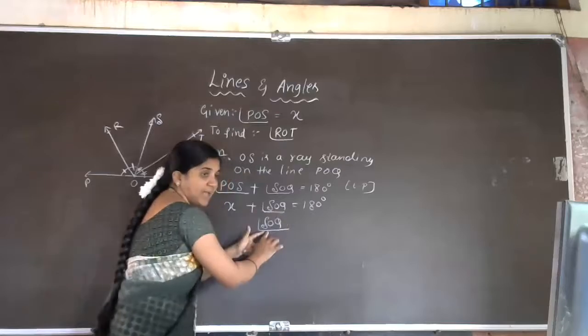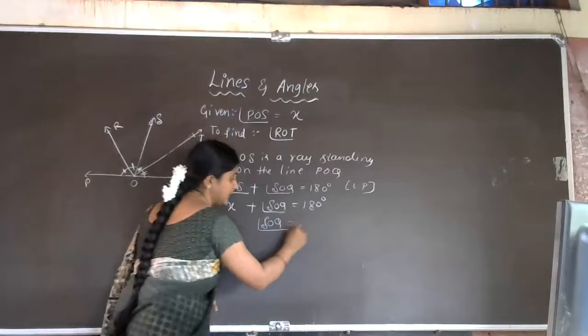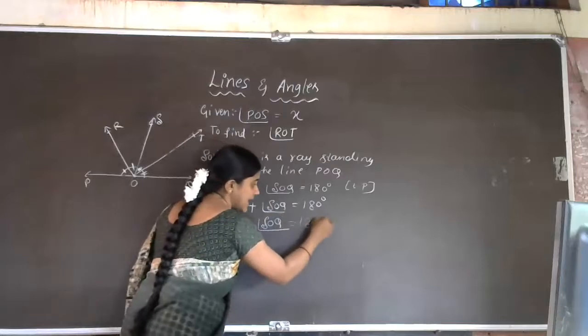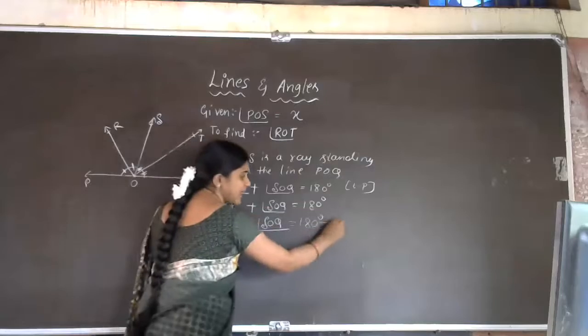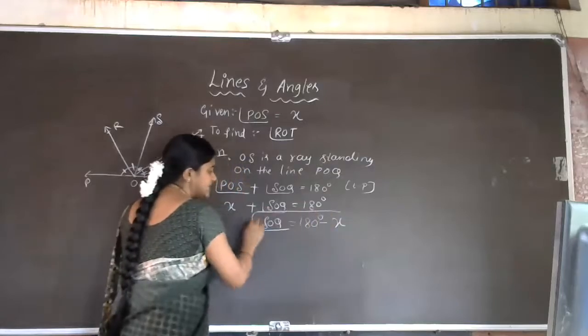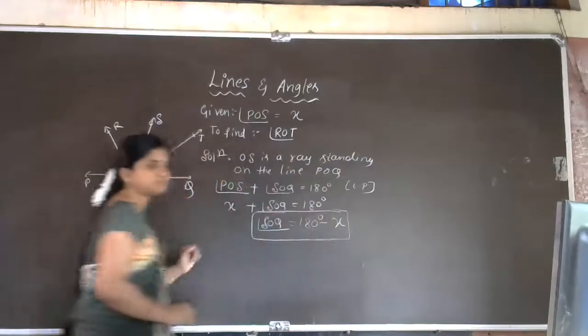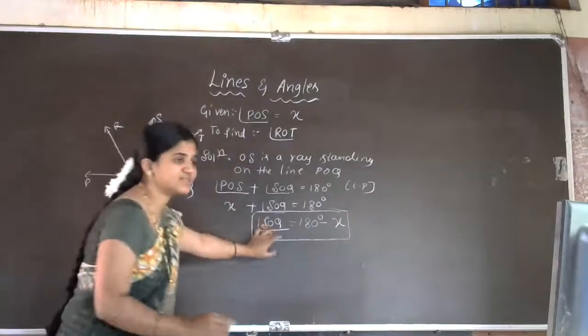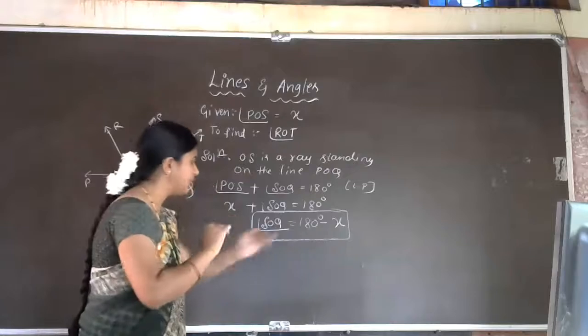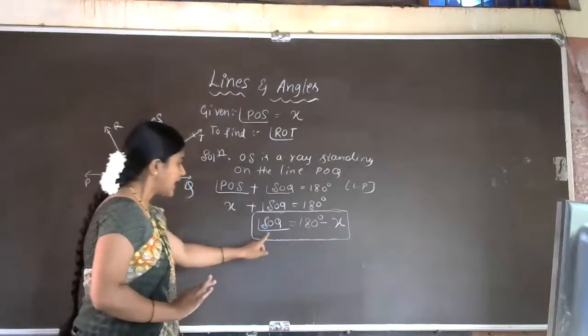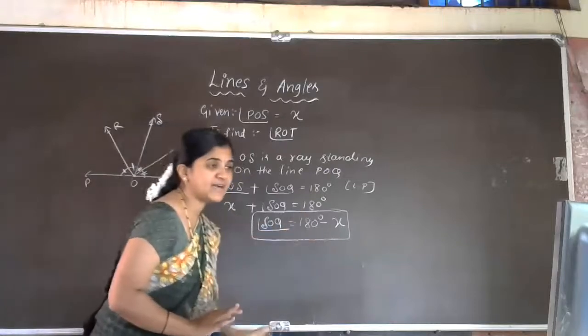I'll keep angle SOQ in the LHS part only and 180 degrees in the RHS part. I'll transfer this X to this side, that is minus X, and I'll keep it safely in one box. I'm going to use this in the next step, so that's why I'm keeping this safely. SOQ is equal to 180 minus X.